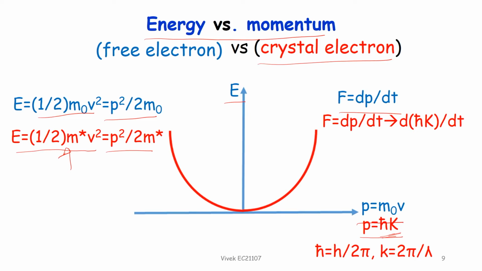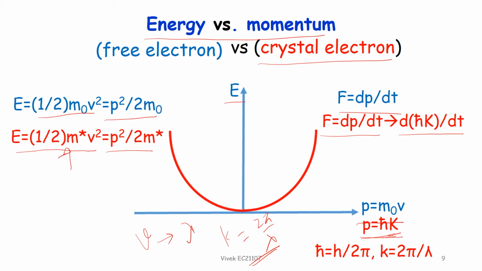For example, if the electron is moving at a certain high speed, it will show a certain wavelength, and k is 2 pi by lambda, the wave number, where lambda is the wavelength of the electron. So the momentum is h bar k. Here again you have the E-k diagram, also called the energy momentum diagram, and the force will be dp by dt. Now p is h bar k, so it will be h bar times dk by dt.